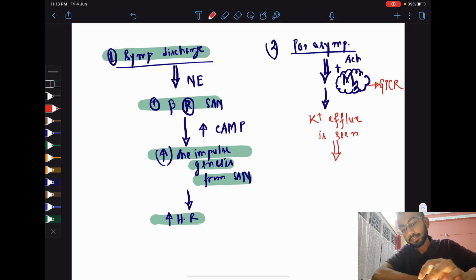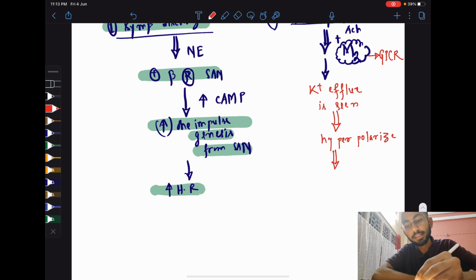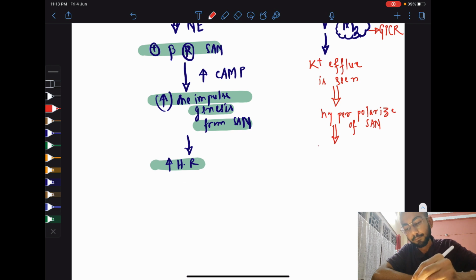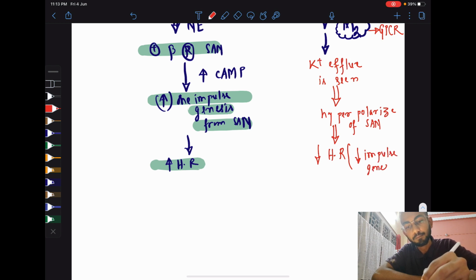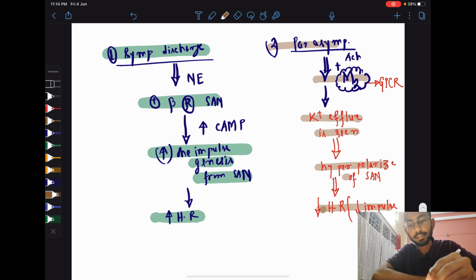This will hyperpolarize the nodal tissues of the SA node, isn't it? And due to this hyperpolarization of SA node, what will be seen is a reduction of heart rate. Due to what? Due to reduced impulse genesis. Clear? So the parasympathetic discharge is basically reducing the heart rate by reducing the impulse genesis due to the stimulation of M2 receptor, which is causing potassium efflux, hyperpolarizing the SA node.